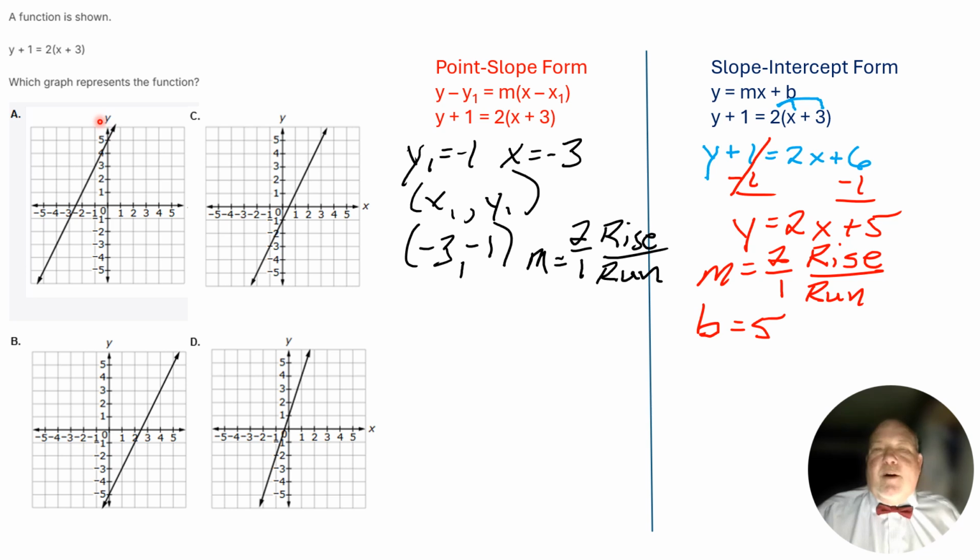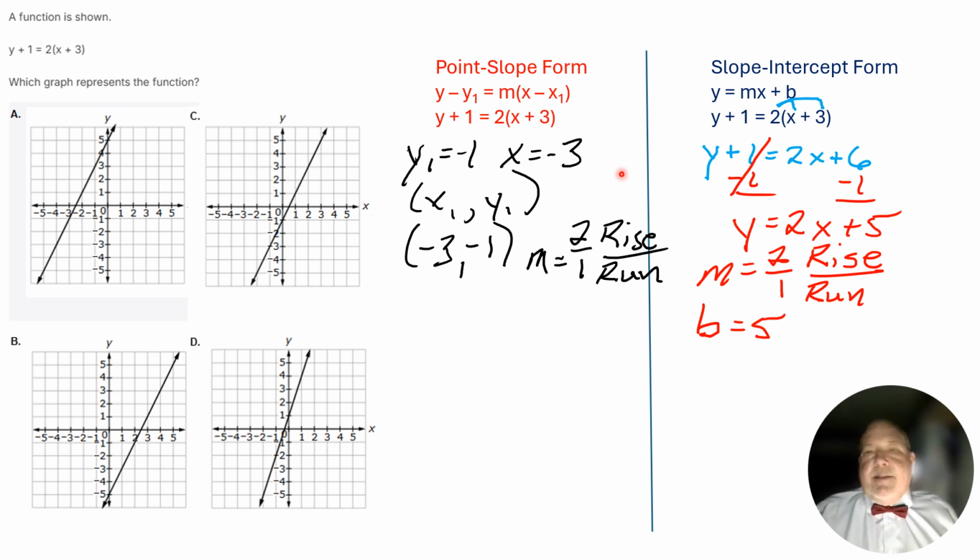It takes me off the graph. So going up 2 and to the right 1 is the same thing as going down 2 and to the left 1. And that would give me that point there, which again is on the graph, again showing that A is the correct answer. So there's two different ways to do it, point slope form or slope intercept form.